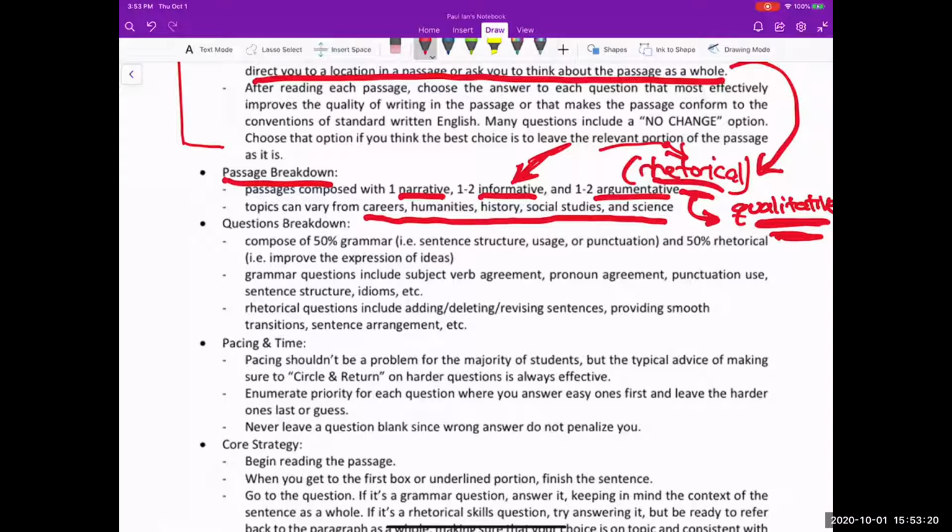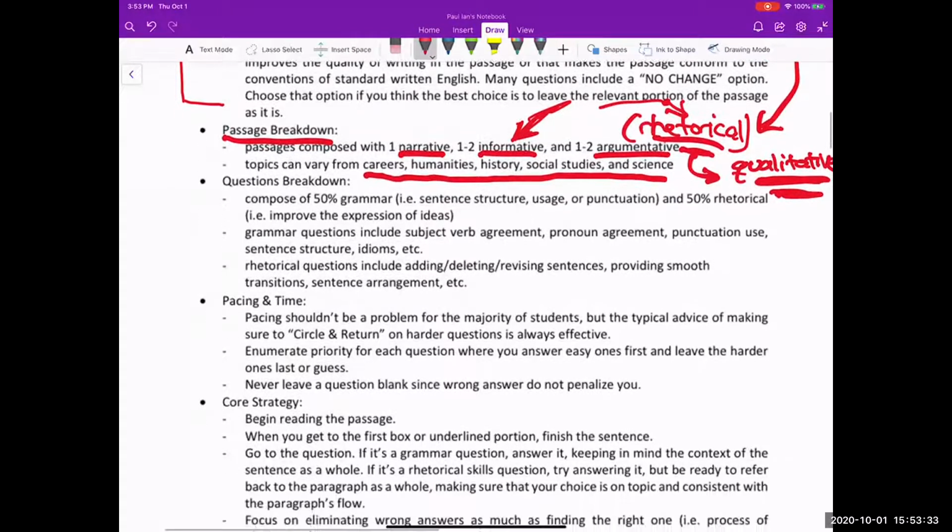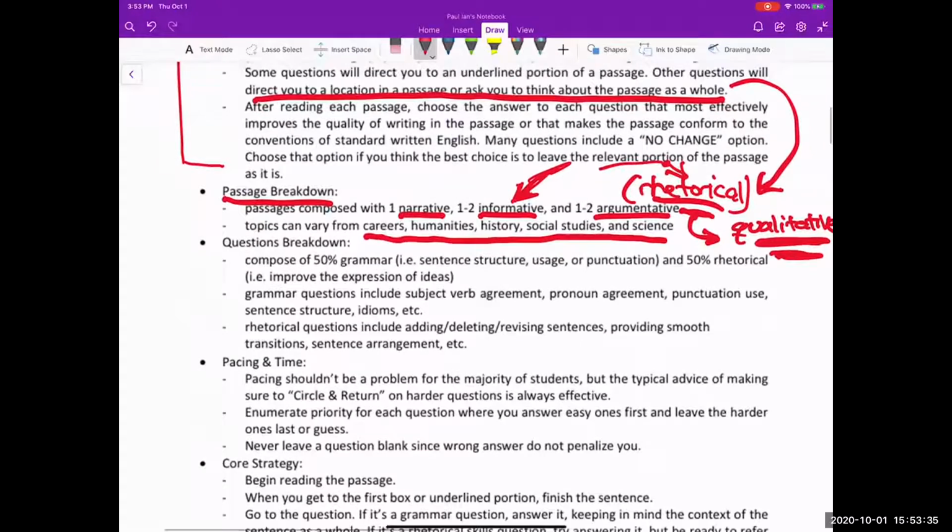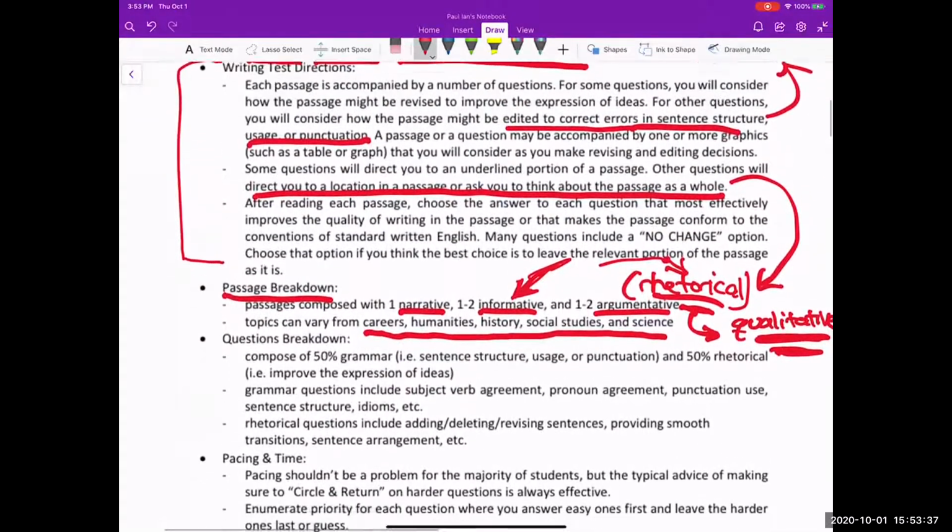For the ones you don't like, just read more. Read more narrative if you don't like it, and read more history if you don't like it, so that you get a sense of how they're organized. And when you know how they're organized systematically, then you know how to attack them, like the grammar questions as well as the rhetorical.